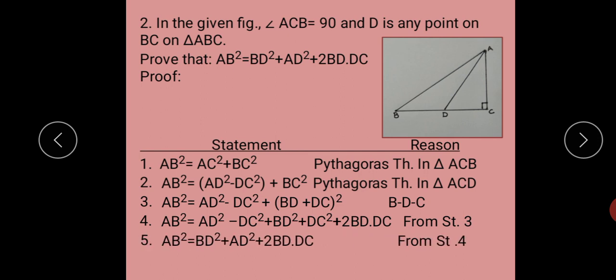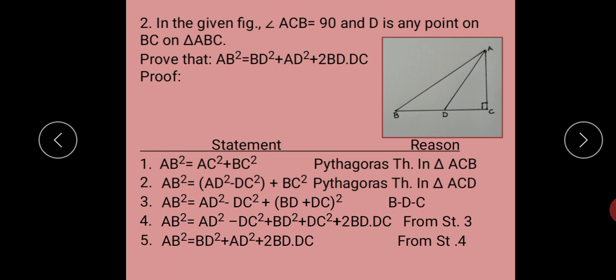AB square, just to rearrange the terms, BD I'll get first. BD square plus AD square minus DC plus DC gets cancelled, and 2BD DC. So again, we have proved this rider also in 5 steps, but this rider can be asked for 3 marks because along with Pythagoras theorem, other concepts are also used in this rider.